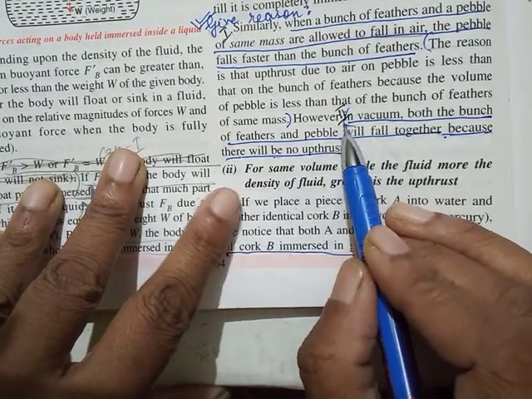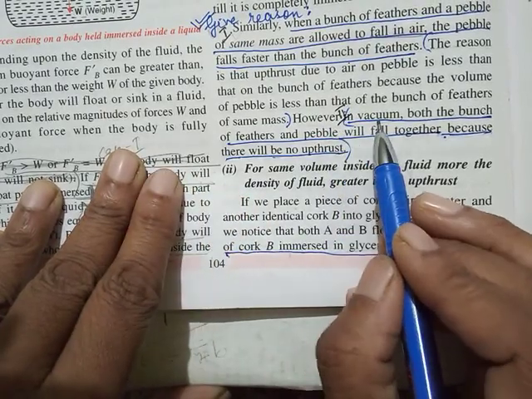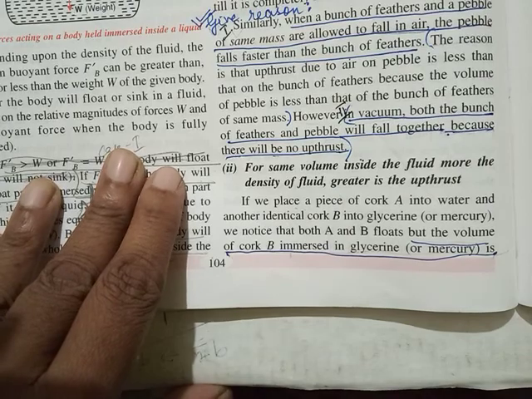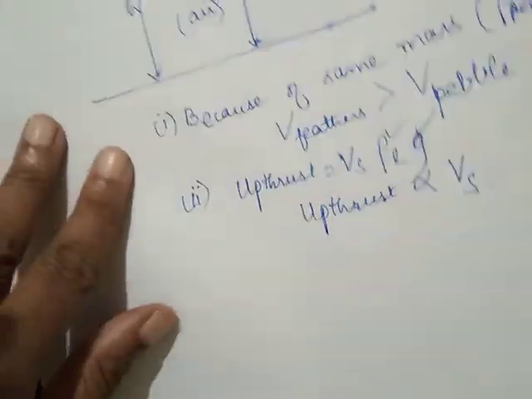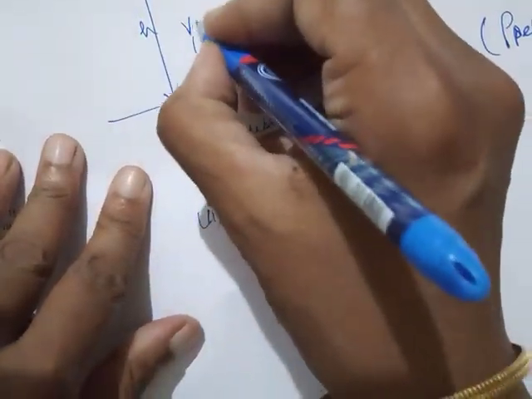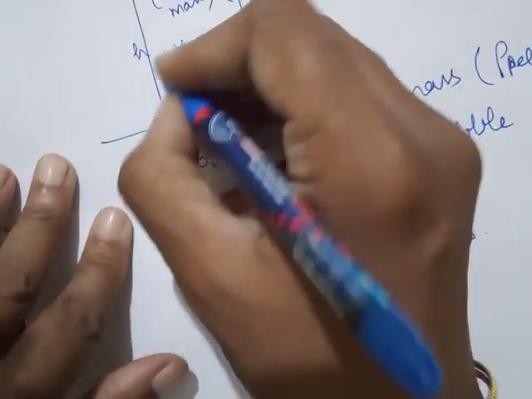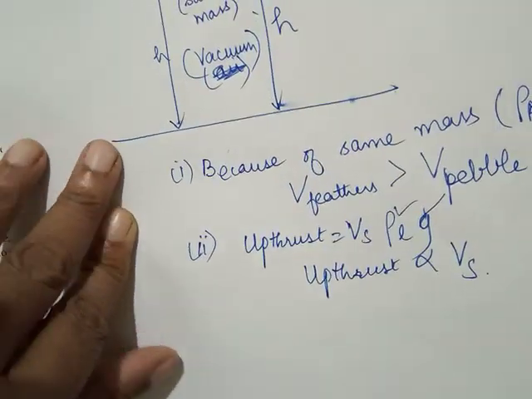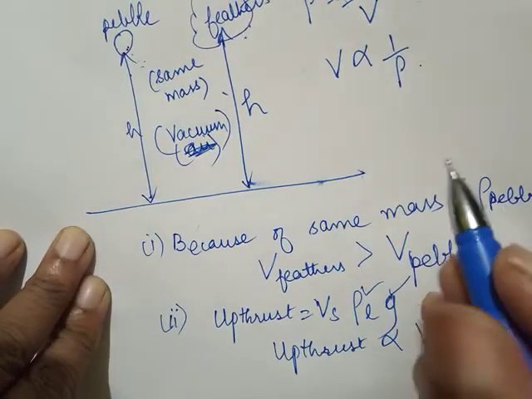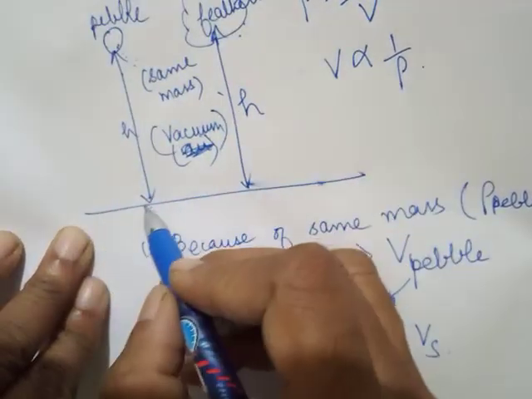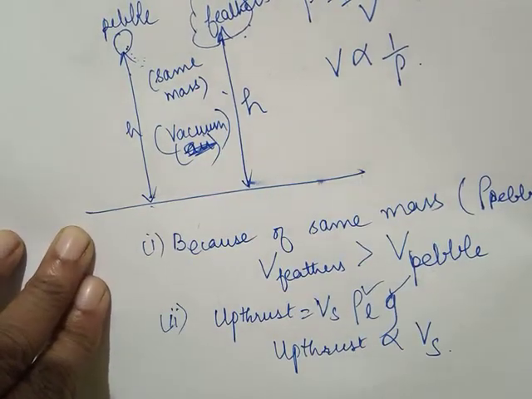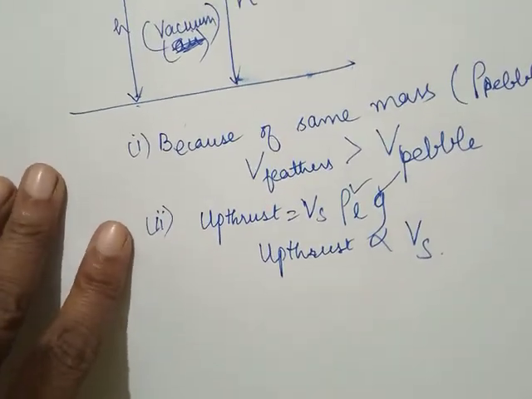There is another conclusion here which can also be asked. In vacuum, both of them will fall together. Will there be upthrust in vacuum? Imagine I'm dropping both of them in a vacuum, maybe in a lab where you created a vacuum condition. In that case, both will reach the ground at the same time. Why?